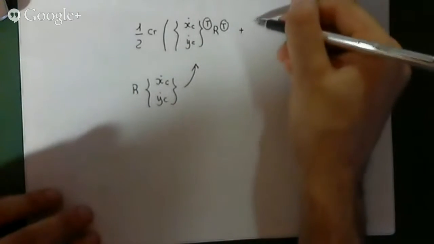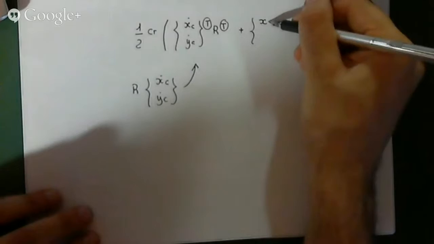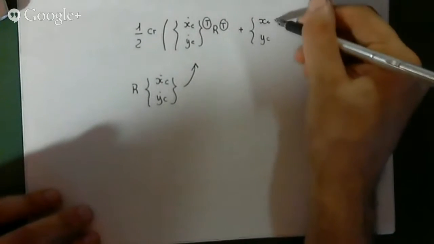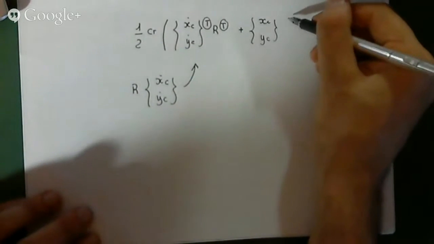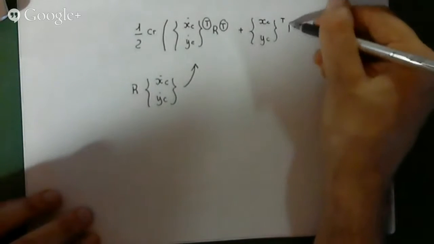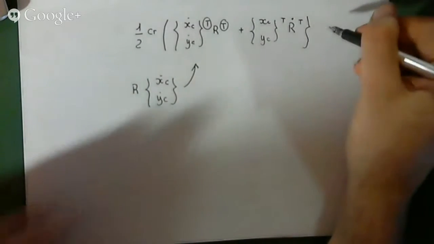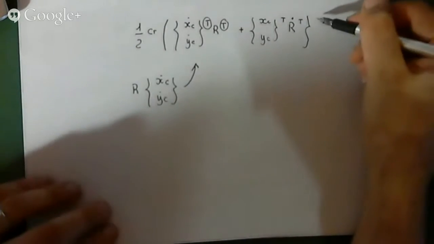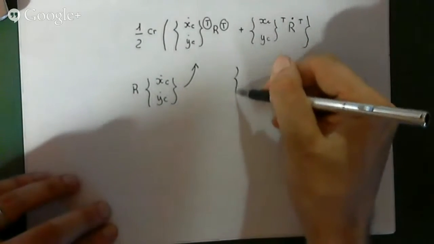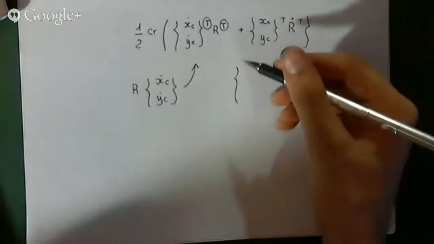plus xC, yC transposed times R point transposed, for the same vector not transposed.